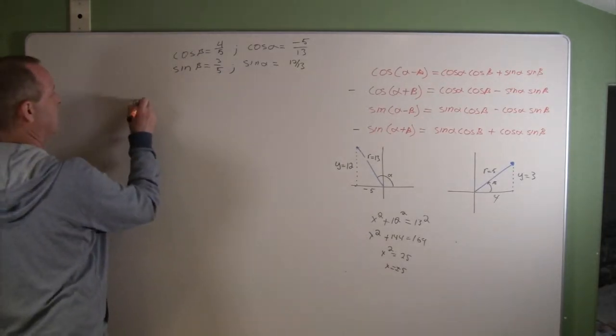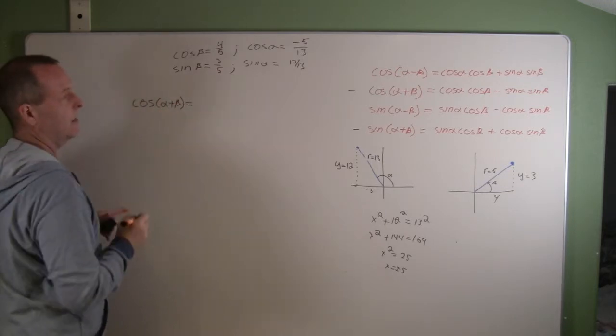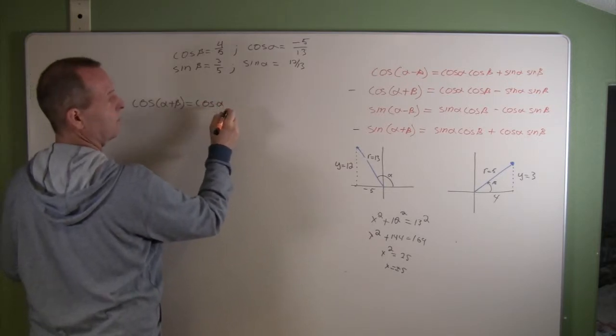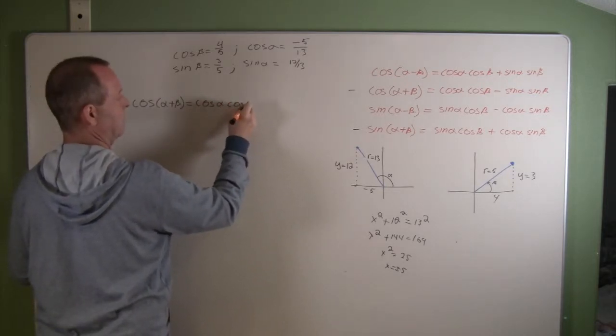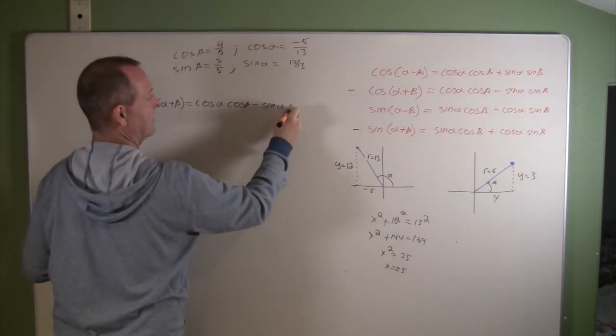So the cosine of alpha plus beta equals the cosine of alpha, the cosine of beta, minus the sine of alpha and the sine of beta.